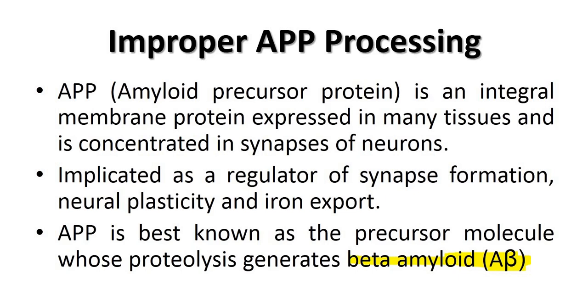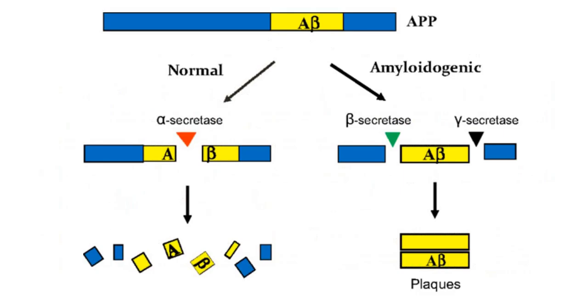Now, what happens? First, overview followed by detailed explanation. This is your amyloid precursor protein. Under normal circumstances, you have the enzyme alpha secretase. What the alpha secretase does, alpha secretase will break amyloid precursor protein, and therefore, you do not have plaque formation.